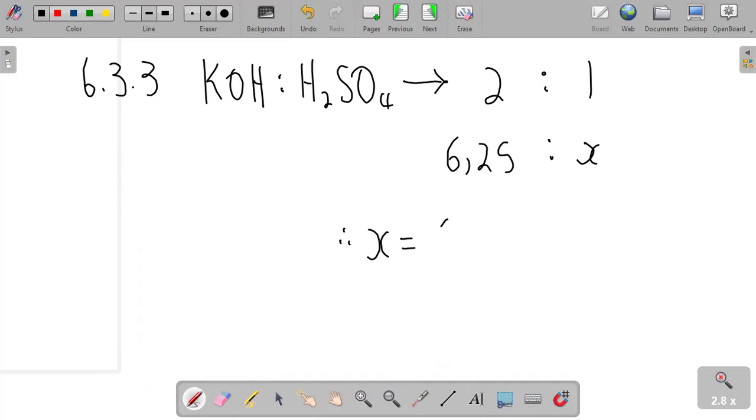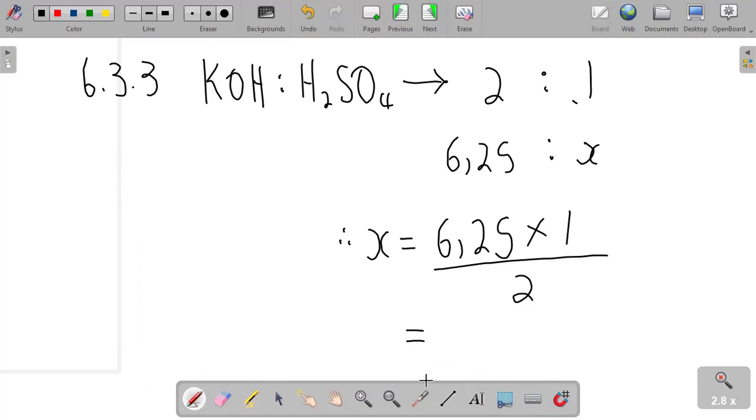So it's going to be 6.25, then multiply by 1, then divide by 2. So we go like this, and then we go like that. This multiply by this divided by this.